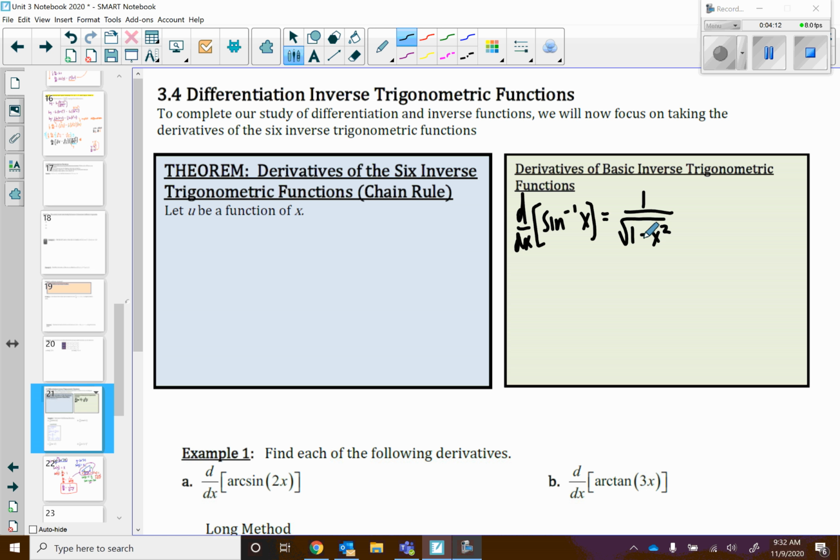We just showed that on the last page. So what else do we need? Well, we need the derivative of cosine inverse of x. And while you could go through and do the exact same thing we did here, I'm just going to give you the formula for this: negative 1 over the square root of 1 minus x squared.